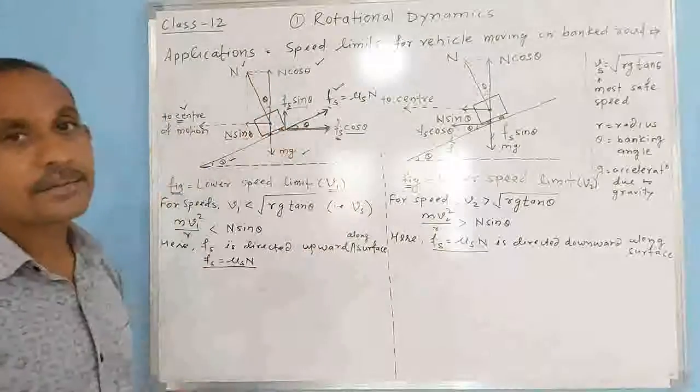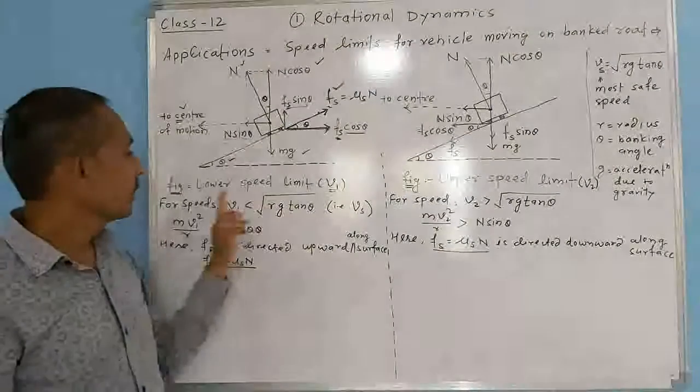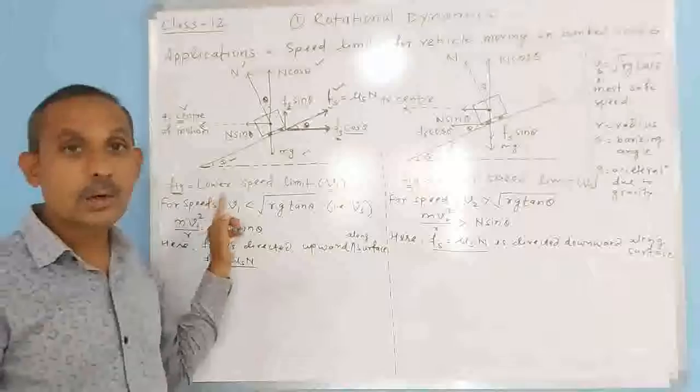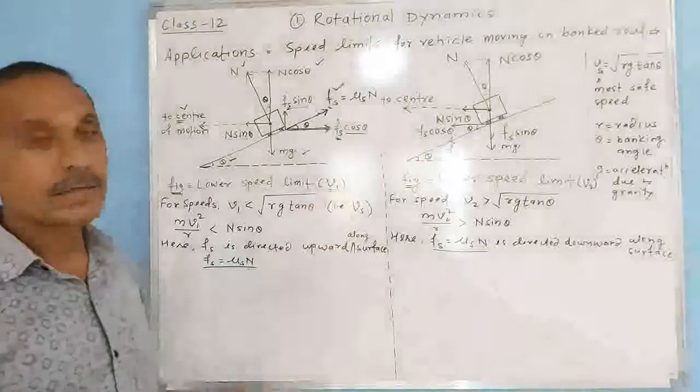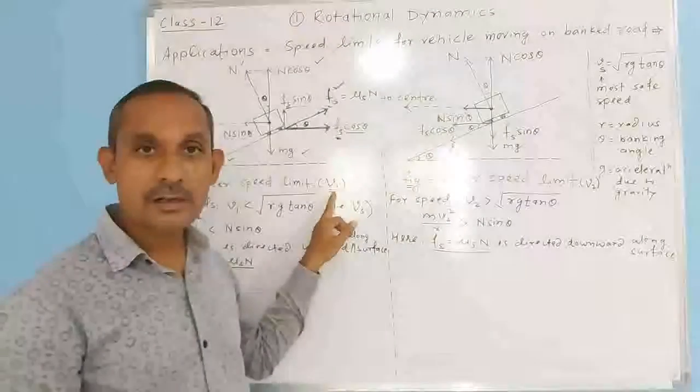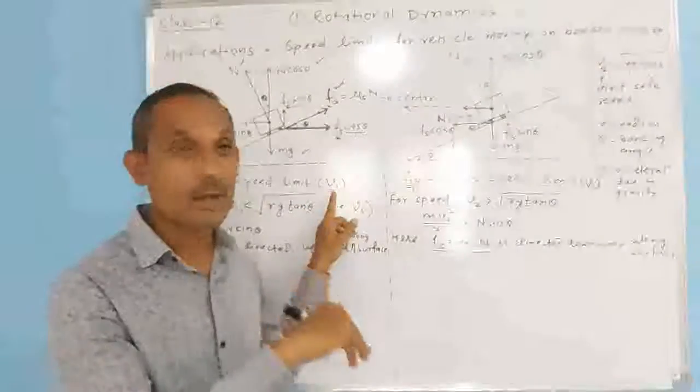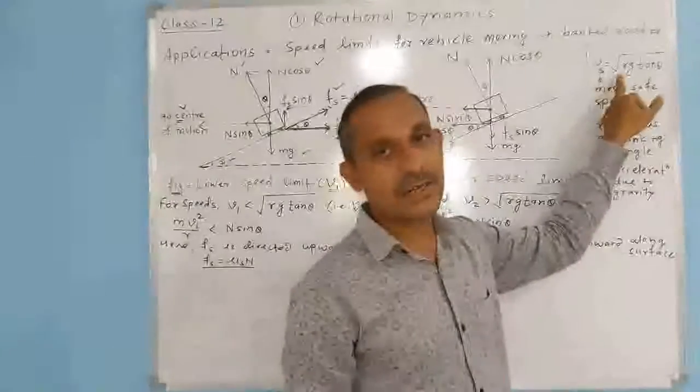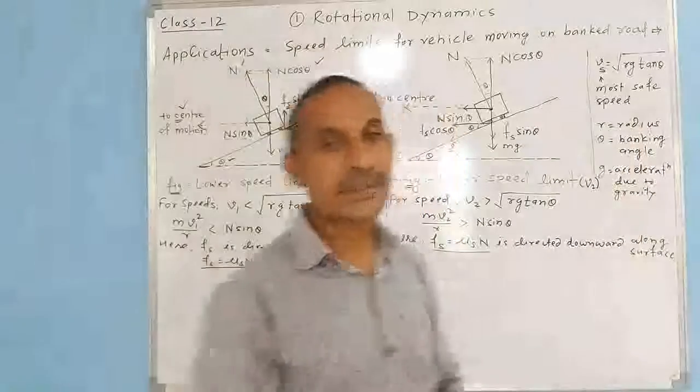In this diagram, we are going to consider the lower speed limit v1. This v1 is the smaller velocity than vs, where vs is equal to the square root of rg tan theta.